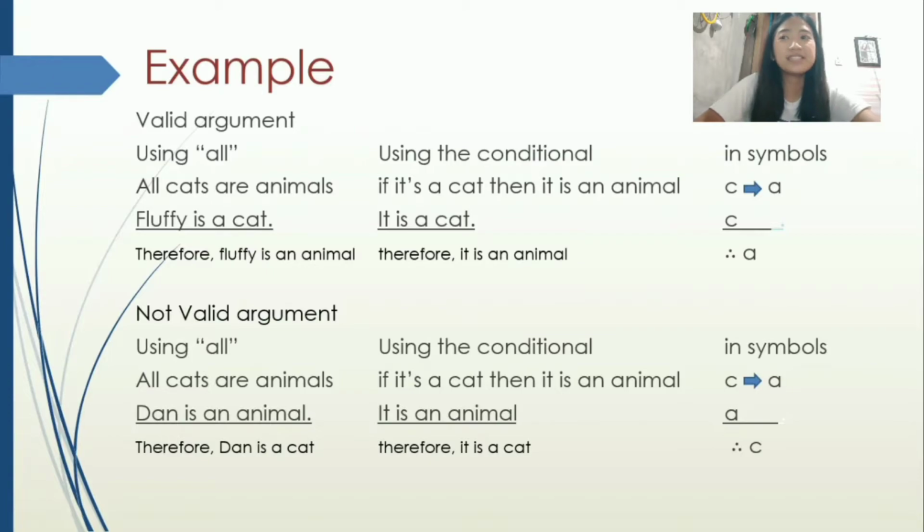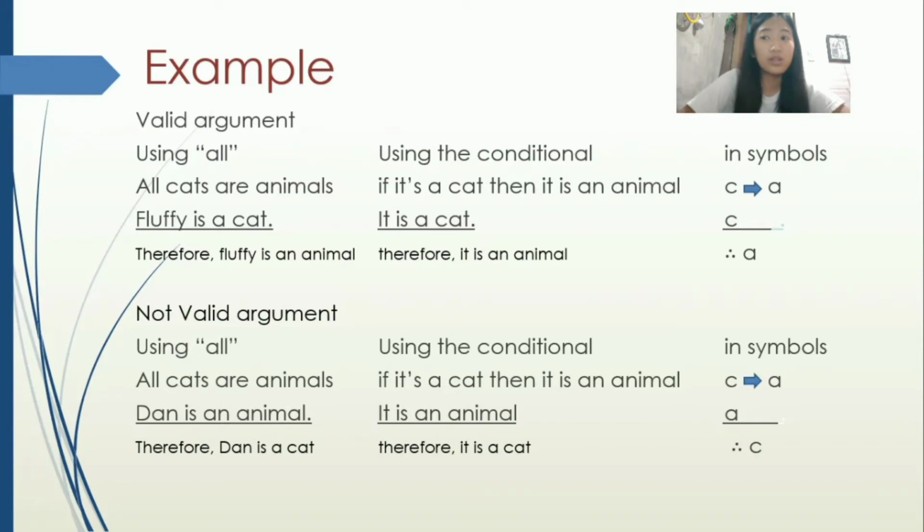In the if-then statement or conditional, we turn all cats are animals into a conditional. If it is a cat, then it is an animal. And in the second one, it is a cat. And the result is, therefore, it is an animal.